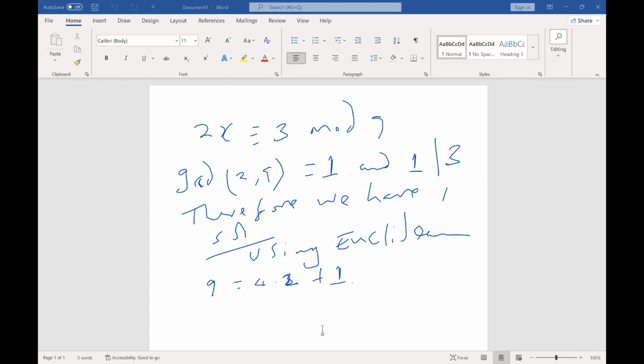Is that okay? So in fact, this Euclidean algorithm has only one step, because the next step will give us remainder of 0. So that means we just reverse this equation now. Reverse and make 1 the subject of the formula. So that 1 becomes 9 minus 4 multiplied by 2.